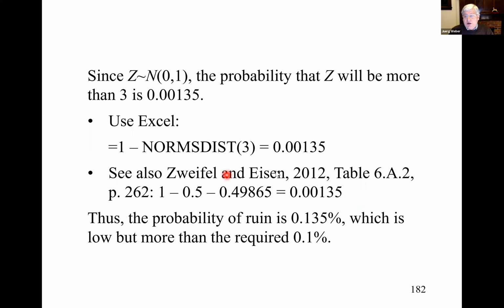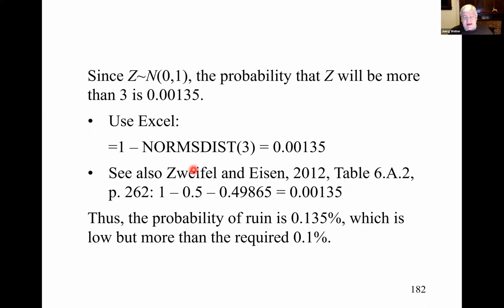So we could use the table here from the Zweifel and Eisenbuch, but you can actually also use Excel or the spreadsheet, the programs that they are using in South Africa. So it's 1 minus the normal distribution up to the point 3. So what's out in this tail? Okay, that's out there. 0.00135.